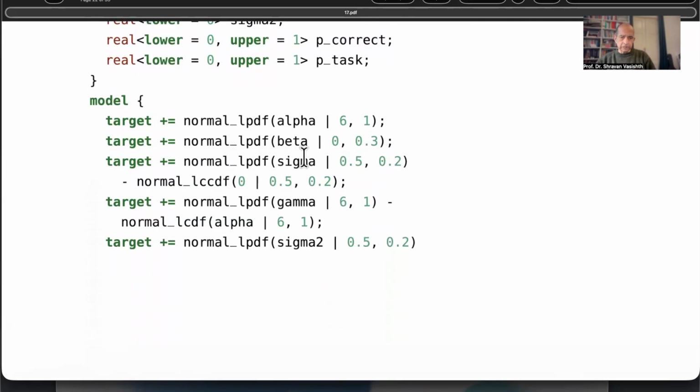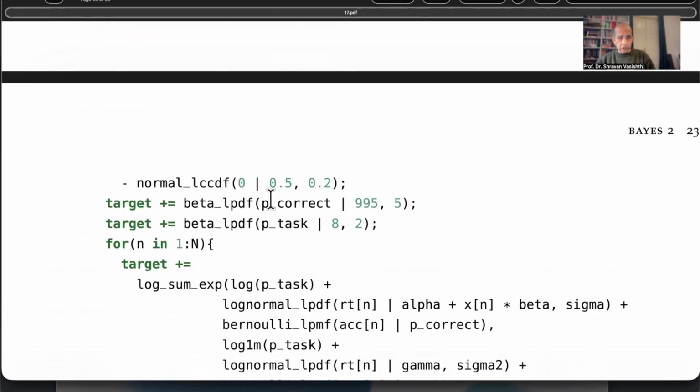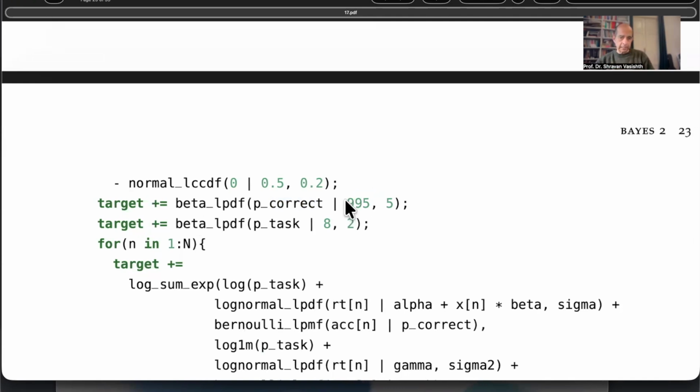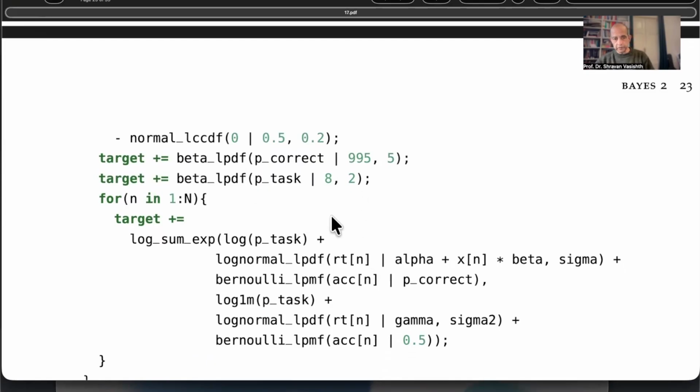Again, I don't need to discuss the priors on the standard parameters that we've already seen. For the probability of correct, we have a beta prior that pushes most of the probability mass towards 1. So that's what these two hyperparameters mean. And we keep the same prior as before for the probability of task.